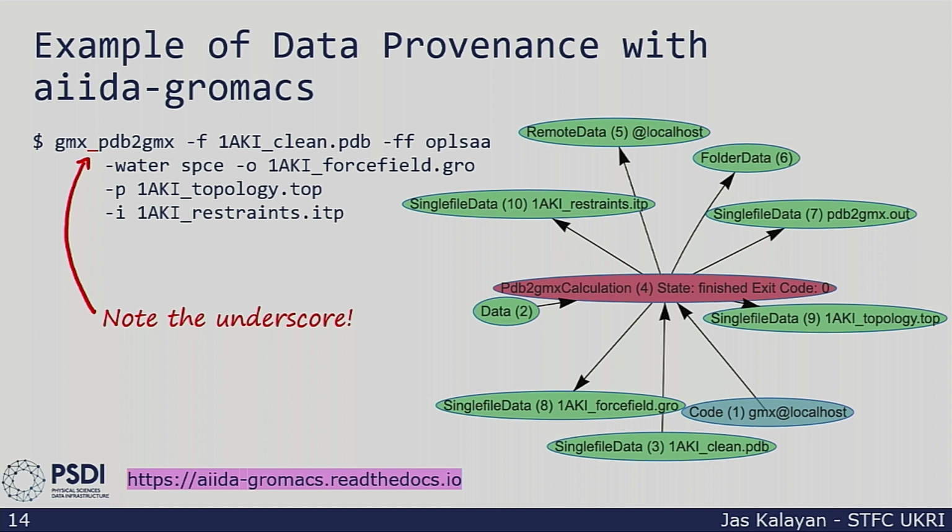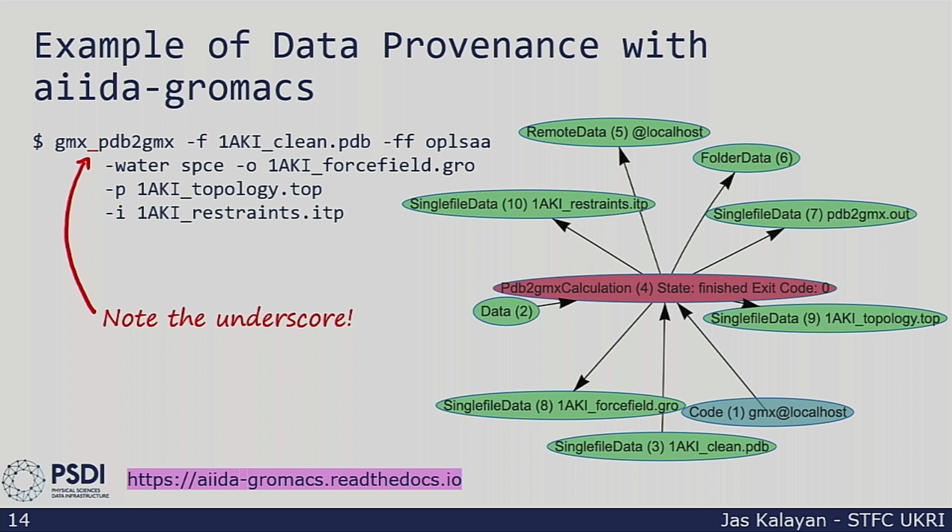And this is our example of using AiiDA-GROMACS to track the provenance of a command in GROMACS. It's a Python wrapper around GROMACS. And what we're trying to do is to stick as much as we can to how simulators currently work, so as not to change the culture in the way that they are working.